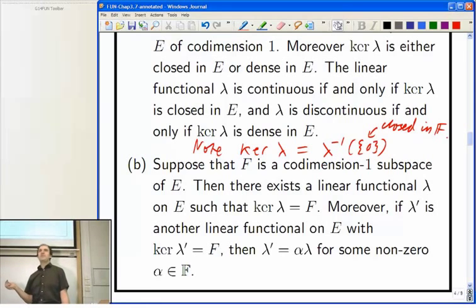If you're looking at R cubed, then the kernels of interesting linear functionals are going to be planes through the origin, and the linear functionals are going to be something like dot product with a normal, that sort of thing.